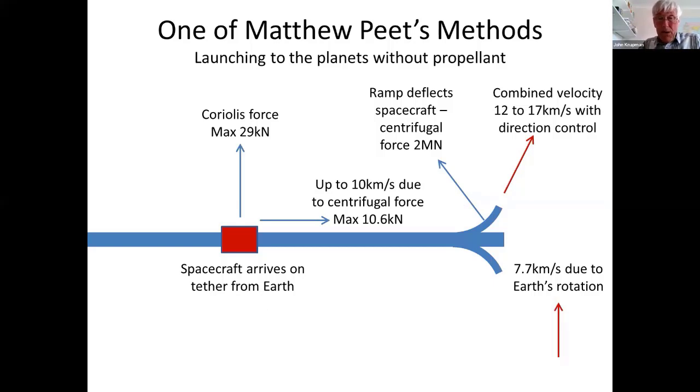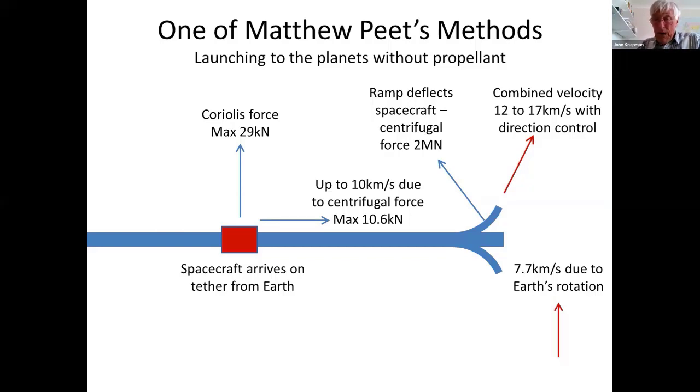That means traveling along the tether at 10 kilometers per second, which is a lot faster than we're proposing lower down. So it does create sideways forces, and he proposes, in order to get direction control, to put a large ramp at the end which can deflect spacecraft. And you can rotate that ramp to deflect them in any direction.